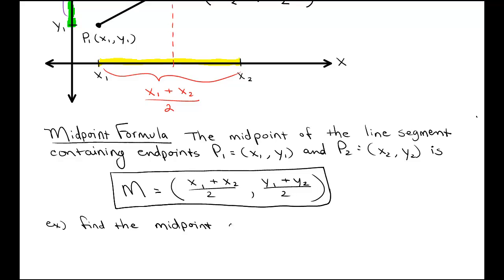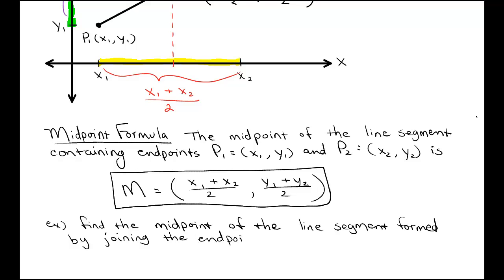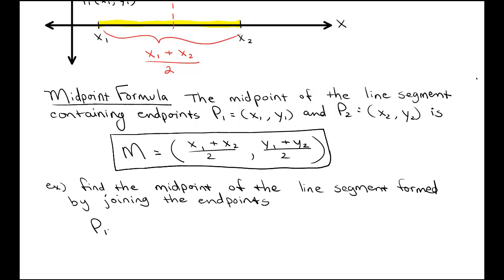Okay, so find the midpoint of the line segment formed by joining the endpoints P sub 1 equal to 2 comma 2 and P sub 2 equal to 6 comma 4.